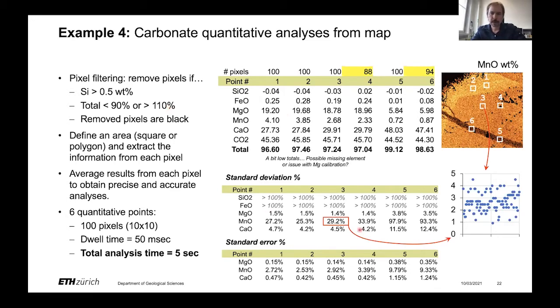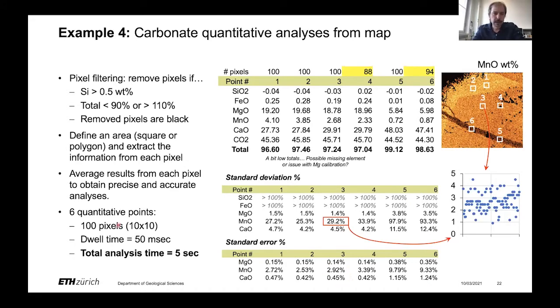Now, if we look at the statistics, it's awful, as I told you. If we just look at these 100 pixels for point number 3, these are the individual results of the manganese oxide content in weight percent. And you can see that, of course, the variation is horrible. But since we repeat the measurement basically 100 times for 100 pixels, our standard error, which is the standard deviation divided by the square root of the number of pixels, becomes much more affordable.